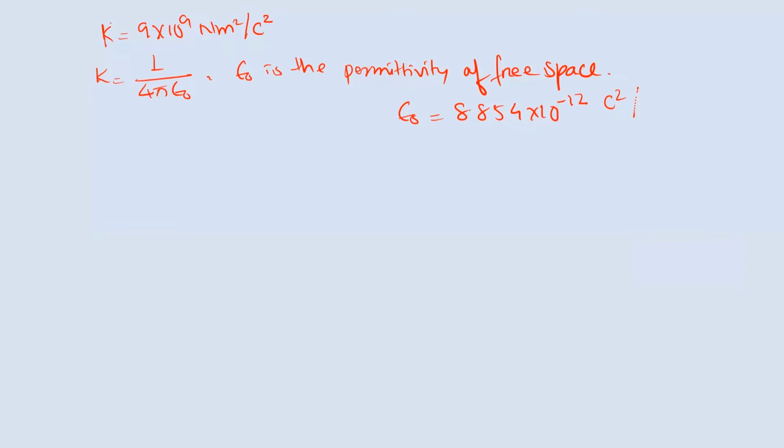So this epsilon naught is the permittivity of free space.